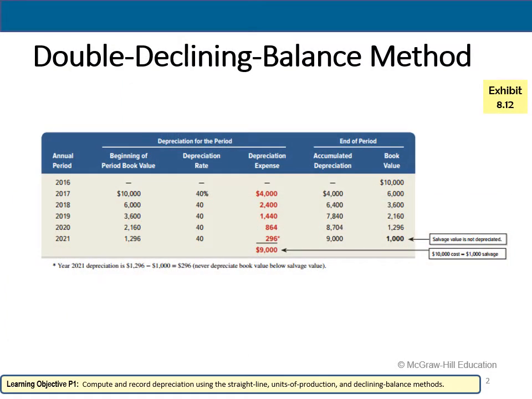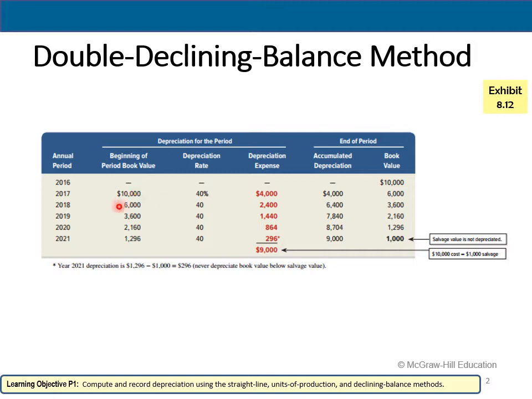All right. So the depreciation table here is a bit different as well. We have beginning of period book value and then end of period book value. So the asset was acquired at the end of 2016. So in 2017, you take 40% of the depreciable basis, giving you depreciation expense of $4,000, accumulated depreciation of $4,000, and a book value of $6,000.